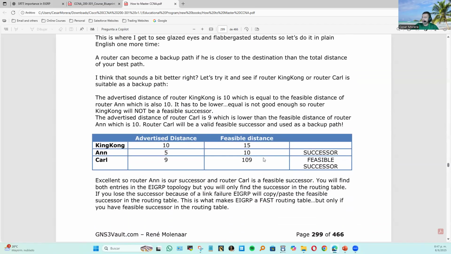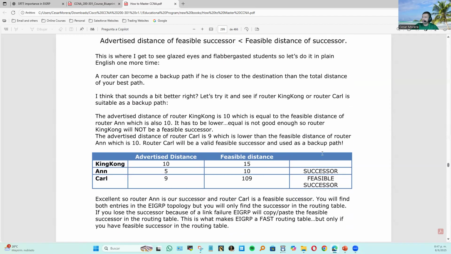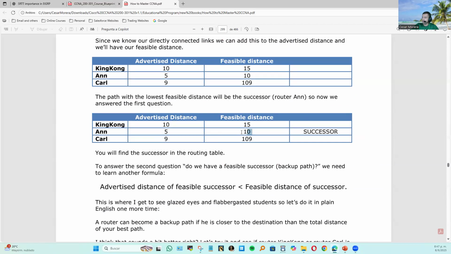Now, let's validate something. This is the successor because its feasible distance is lower. But this other one is the feasible successor. In this case, the advertised distance must be lower than the feasible distance. And it looks like it is this other one. This one is the feasible successor.